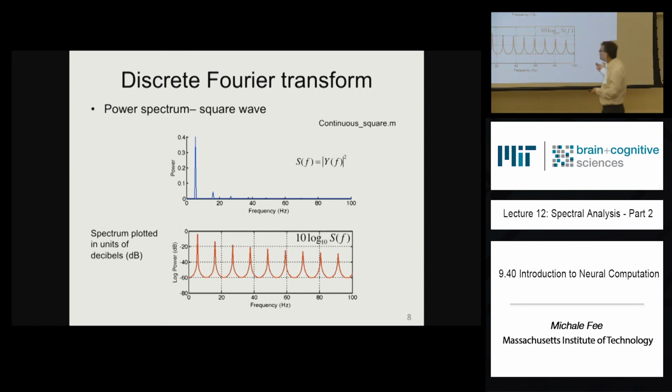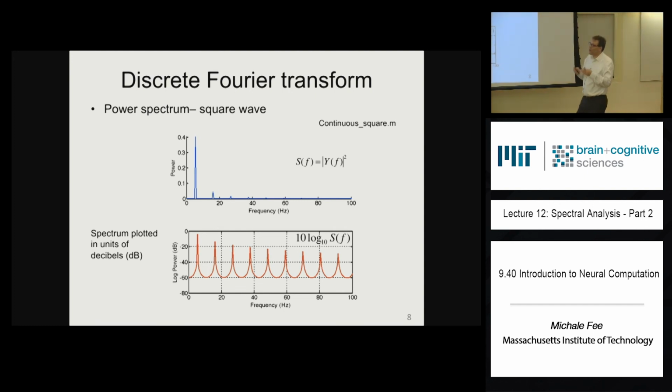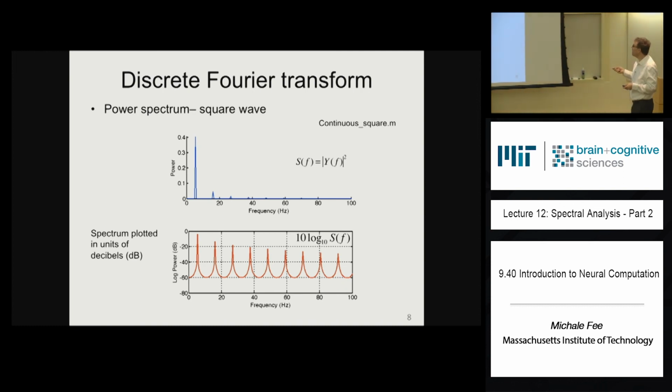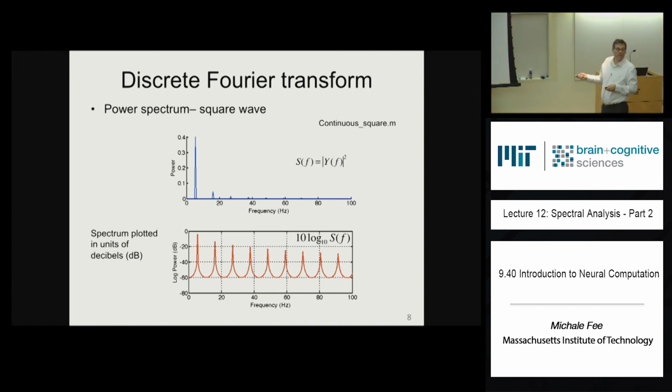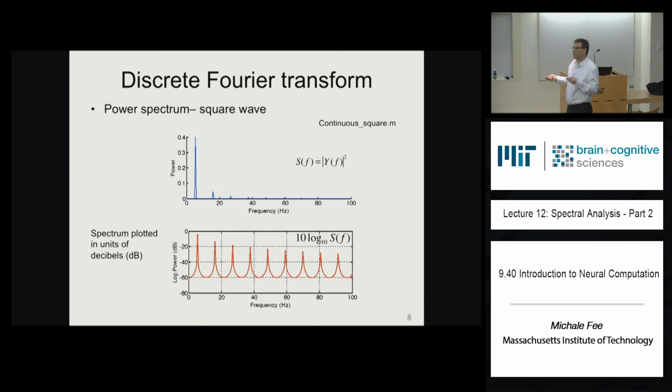Now, because the Fourier transform is a complex number, we don't just square it, but we take the square magnitude. So we're measuring the distance from the origin in the complex plane. Okay? Good question. All right, any questions about this and what the meaning of decibels is?